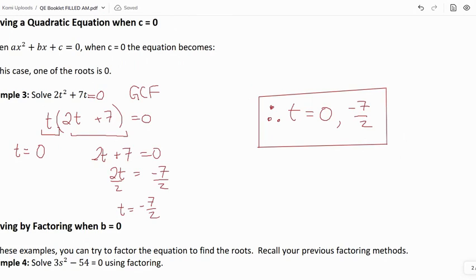So with my partner, we talked about finding the value of the variable. One description of what solve means is find the value of the variable. What's another description of what solve means? Find x. What's another way? Find the solutions.